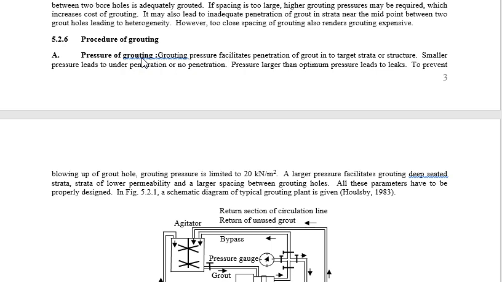So that is regarding pressure grouting. If you go for high pressure grouting, leakage or fracture takes place. If you go for low pressure, the grout will not reach the destination. So that is why we decided on an equilibrium in between, that is 20 kilonewton per meter square pressure, so that grouting is effective.